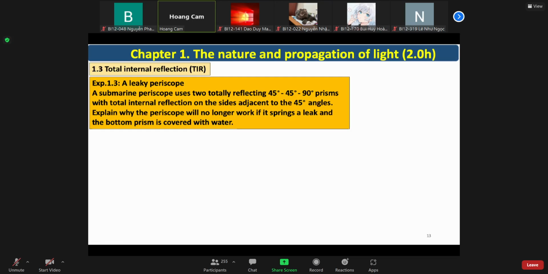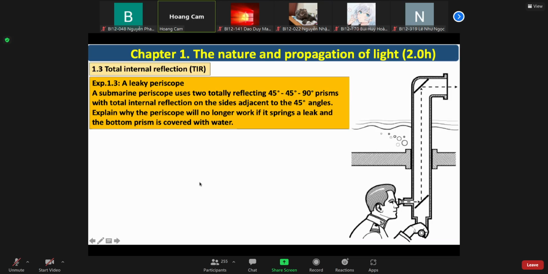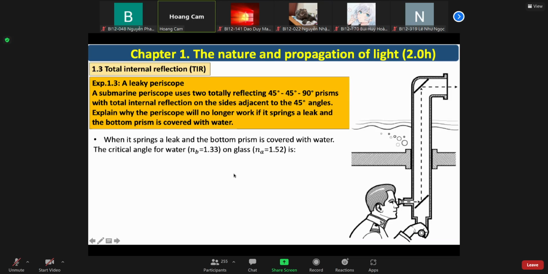For this example, I will discuss it quickly, because we don't have so much time. I will give the hint and then you will do the rest at home. Here the couple of environments will be different: water and glass.